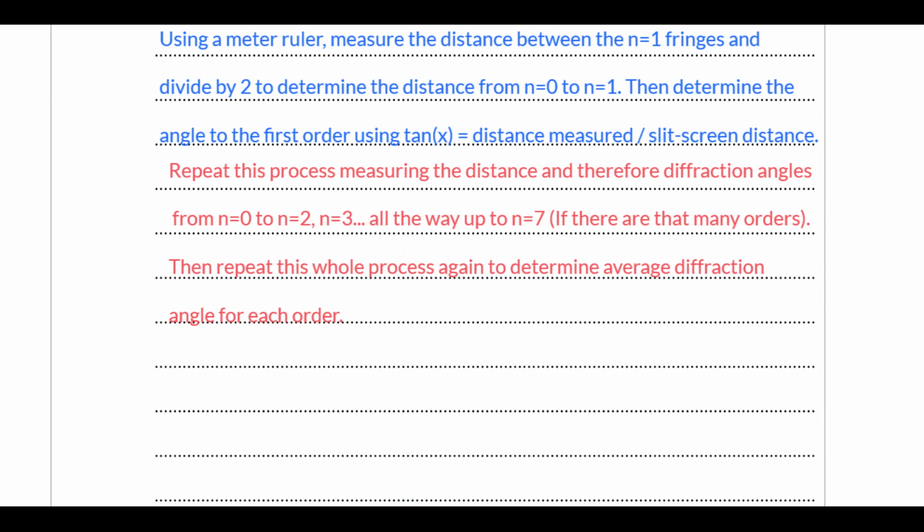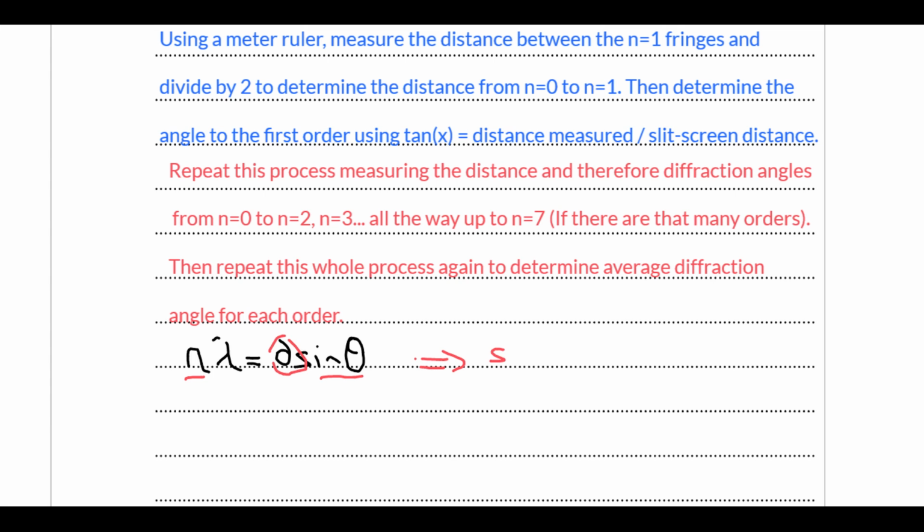So then if we have a look at our diffraction grating equation, the diffraction grating equation is this one. So we know what d is, we've changed n, and we've measured theta, and therefore we can calculate sine theta. So what we need to do is first get this into y equals mx plus c form.